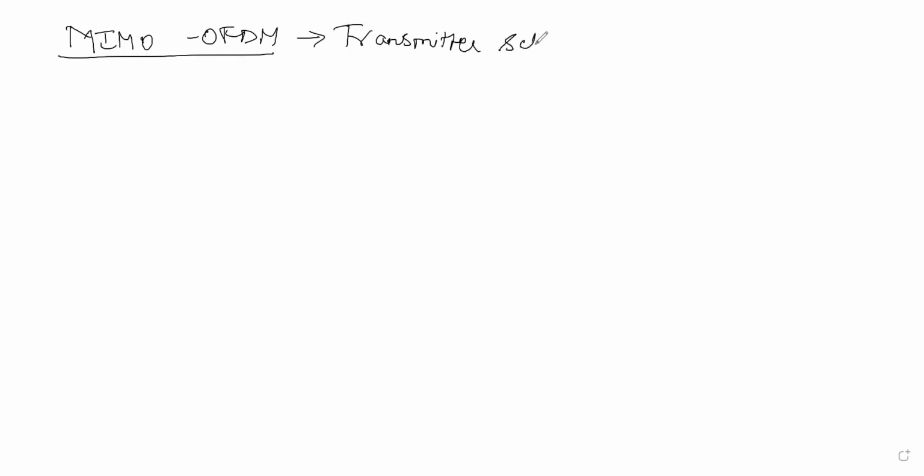Now we are going to combine MIMO and OFDM and see the transmitter schematic. Let us assume these are the symbols that are arriving.